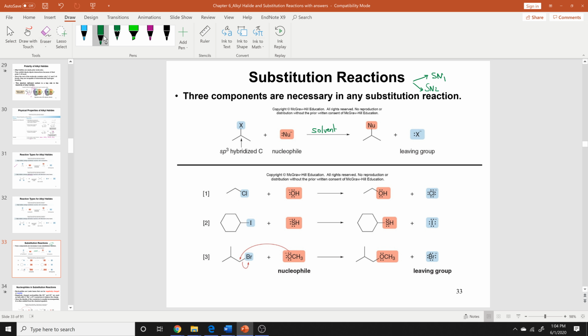Whether I have an SN1 or SN2 mechanism solely depends on the type of the alkyl halide, the nucleophile, and the solvent. These are the ones that are going to determine the type of the mechanism that I will be working with. But just here, just a general idea, refreshing your memory about substitution.